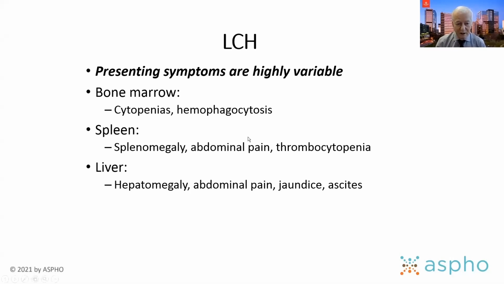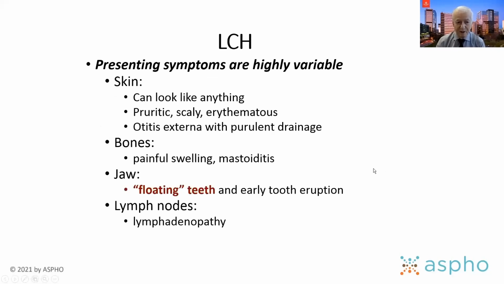The spleen abnormalities, obviously splenomegaly with trapping of blood cells and pain, respiratory problems because of massive organomegaly of the spleen or the liver, and in the patients with hepatomegaly, jaundice, and ascites is often found. And these patients may present at birth with profound ascites.